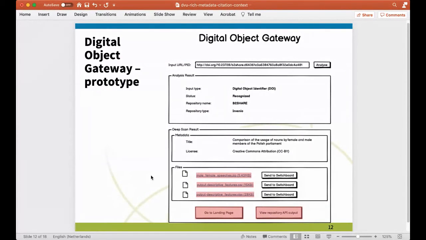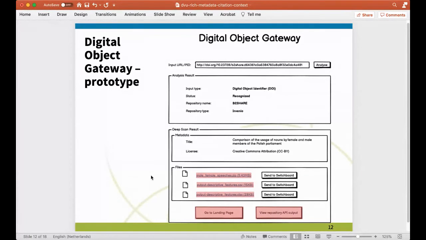You can see here a mock-up of that piece. The current working title is the Digital Object Gateway, DOG. The idea is that by inputting some persistent identifier to it, the system would be able to recognize, based on some probes, what the persistent identifier is actually pointing to.